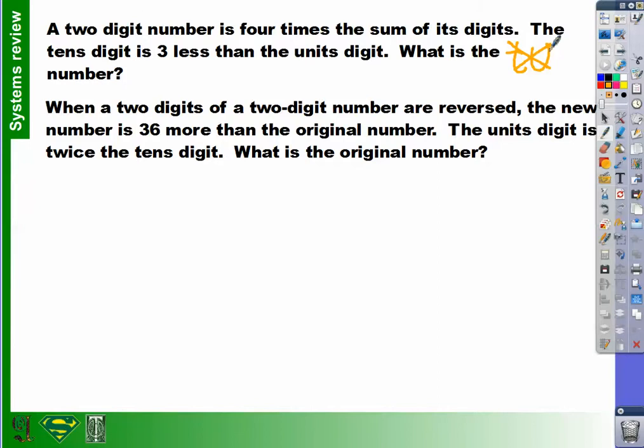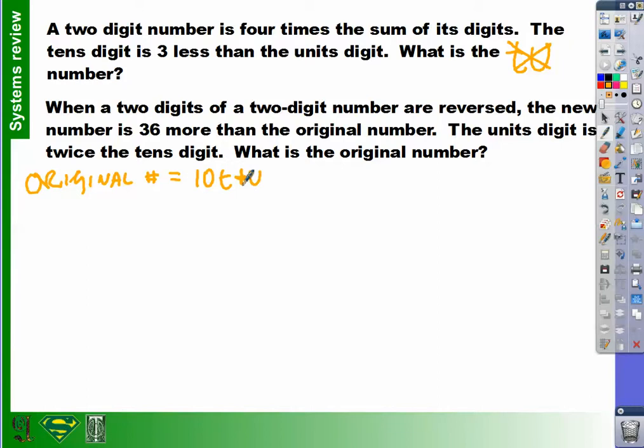10t plus u. All right, so our original number is going to be equal to 10t plus u. So we need to remember that before we go anywhere else.